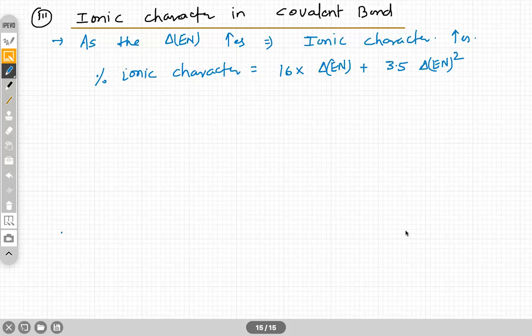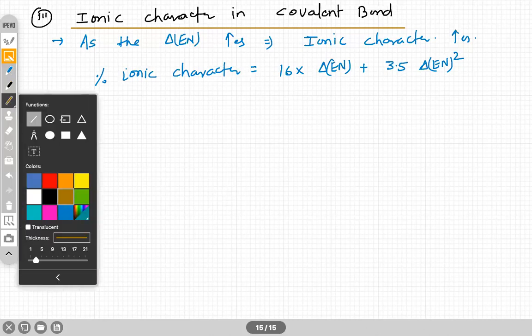What is that, Pranav? Dipole moment it is. Okay, we'll discuss that. Wait. This is the formula of percentage ionic character. Not that important, but you must write it down.